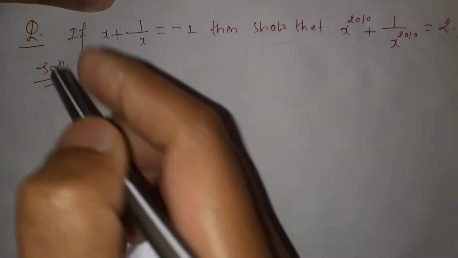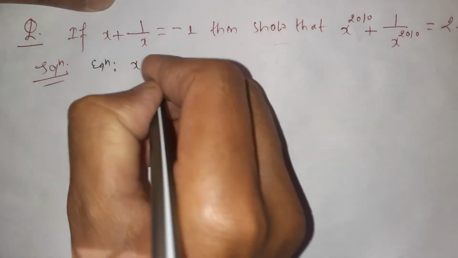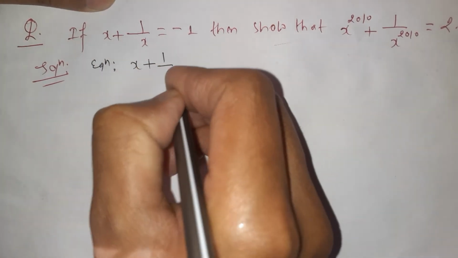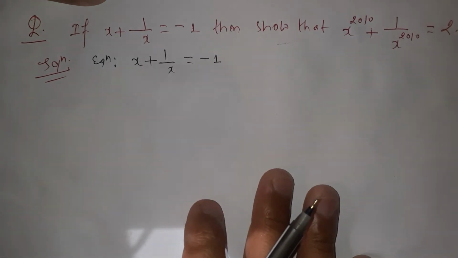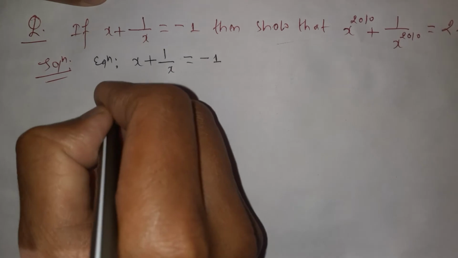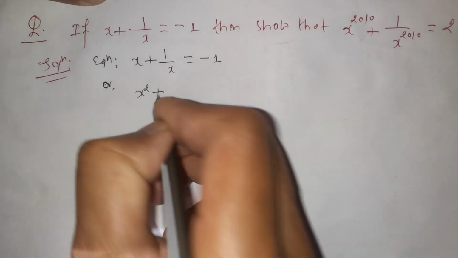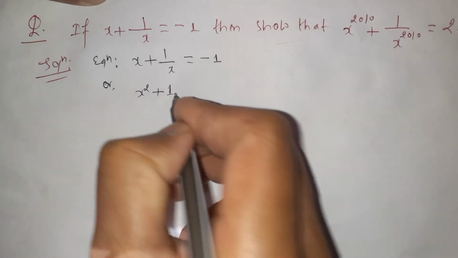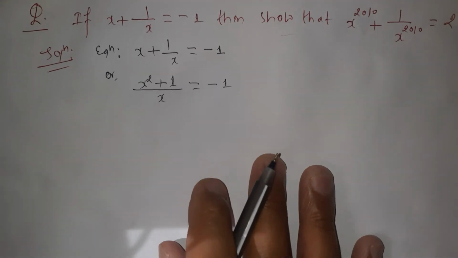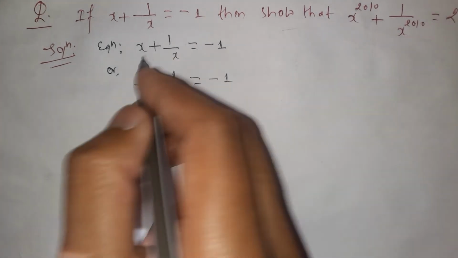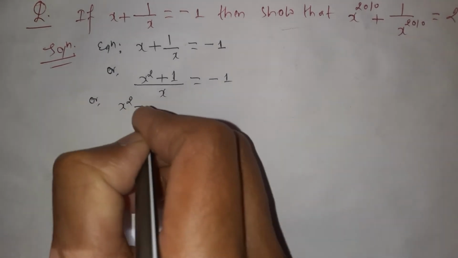Here the given equation is x plus 1 over x is equal to -1. Now doing the simplifications on this equation. Taking the LCM of the denominators, this can be written as x square plus 1 over x is equal to -1.